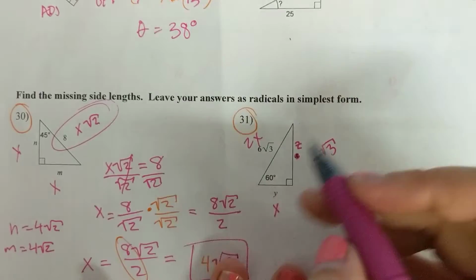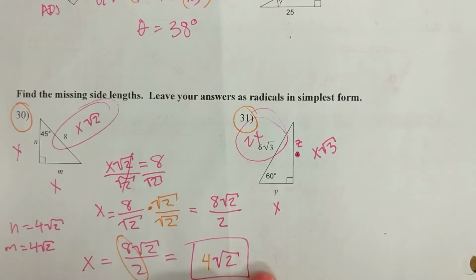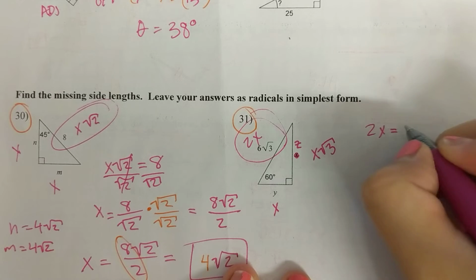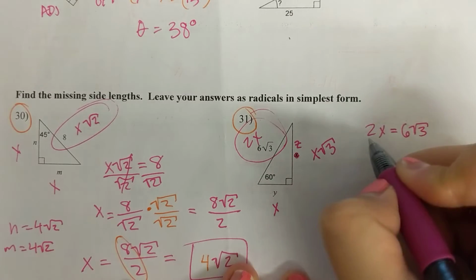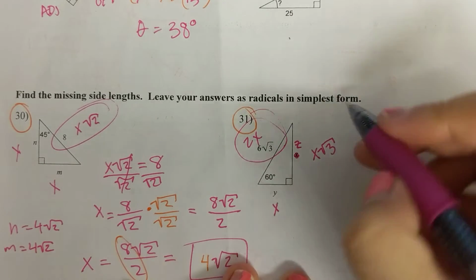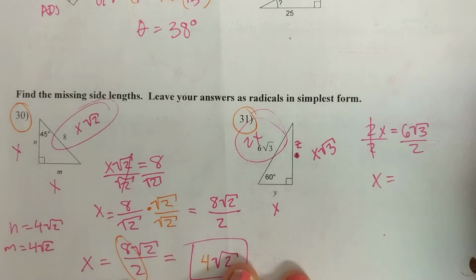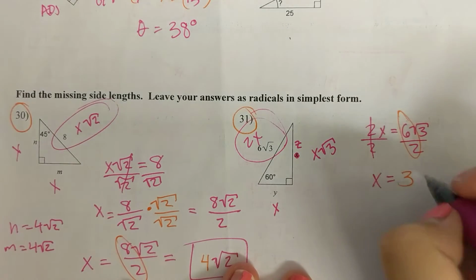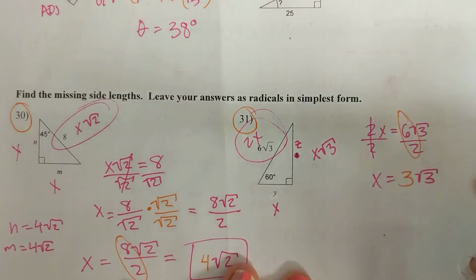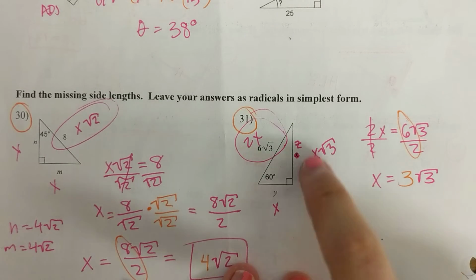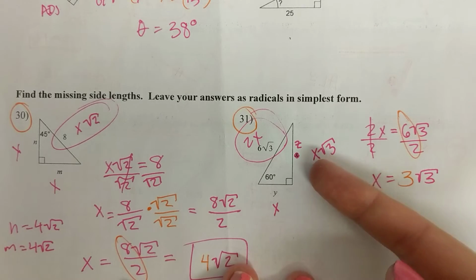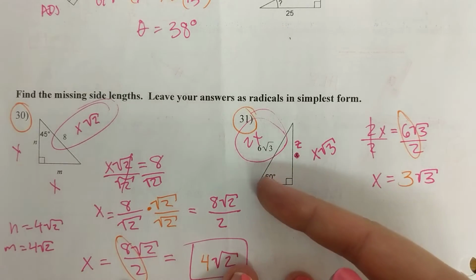Number 31. They gave us the hypotenuse, and it looks really awkward, so let's set it up. 2x is equal to 6 root 3. Divide by 2 to find x. X is equal to, hey, we can reduce that, 6 divided by 2 is 3, so 3 root 3. This is the short side, not this side. Just because it has a root 3 in it doesn't mean it automatically becomes the leg across from 60 degrees.